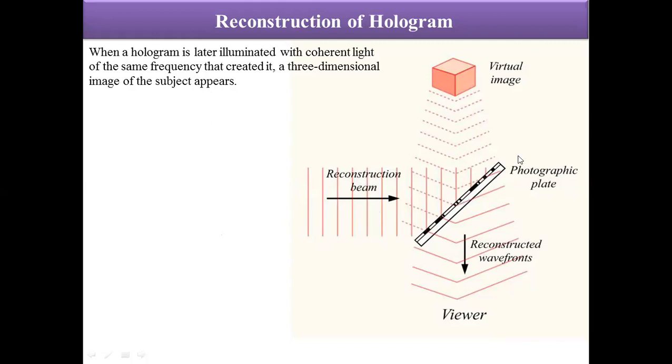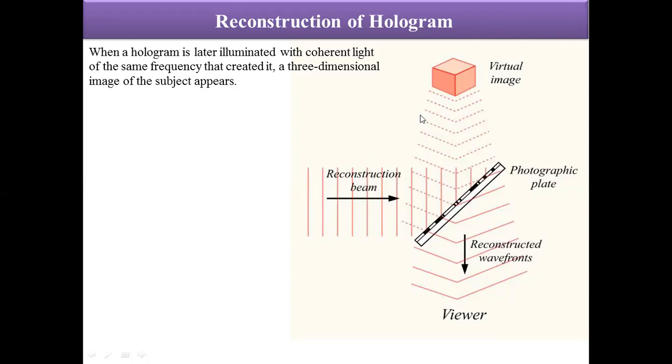It is illuminated with the same incident light that we used during the construction process. So this beam falls on this, then we get reconstructed wavefronts, and a virtual image or three-dimensional image can be seen.